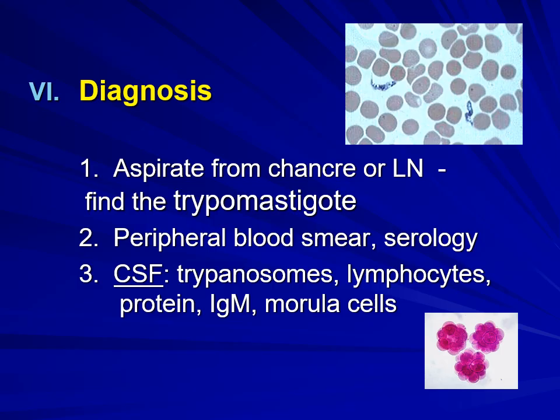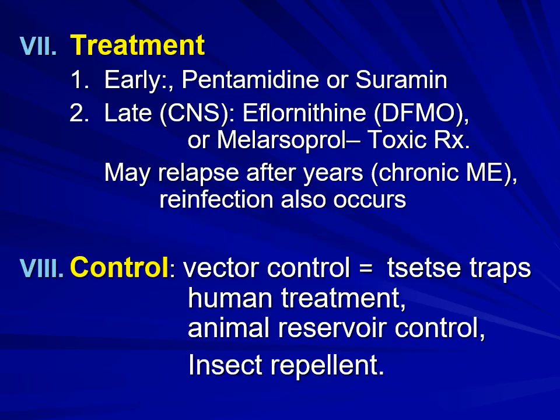We may find also lymphocytes, elevated protein, IgM antibodies, and the morula cells. Like you see in the lower right-hand side, the morula cells are like a young ovum with early division of the cell like you see here. Those morula cells are rather pathognomonic, highly suggestive of African trypanosomiasis in the CNS.